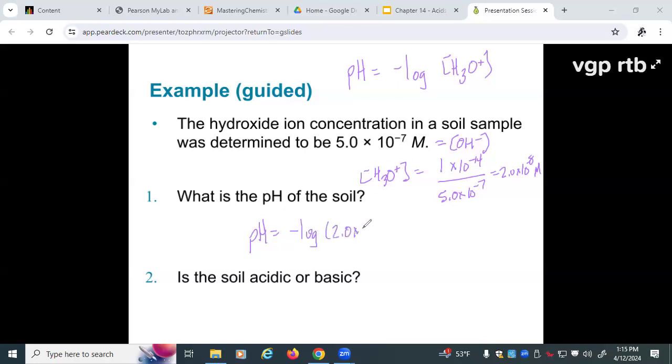So 2.0 times 10 to the negative 8. So the logarithm of 2 times 10 to the negative 8 is going to give me negative 7.70. The opposite of that would be positive 7.70.